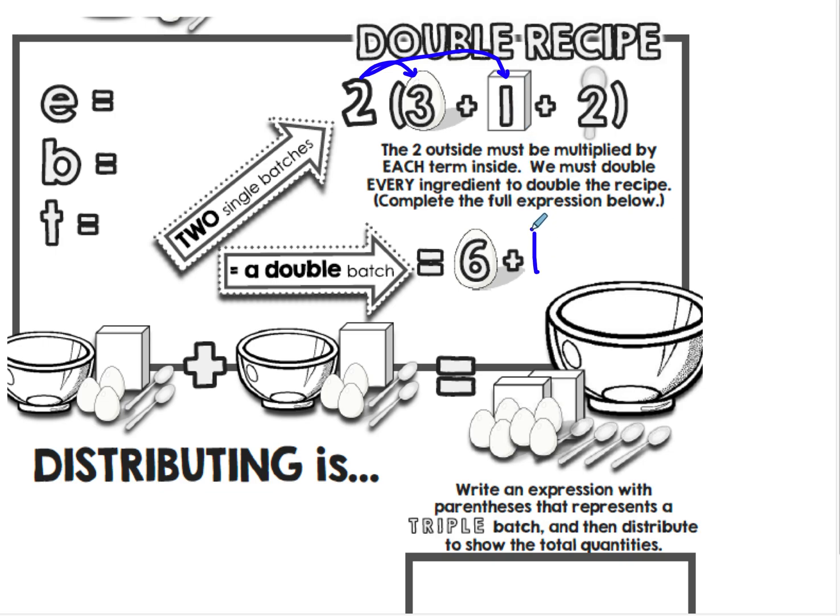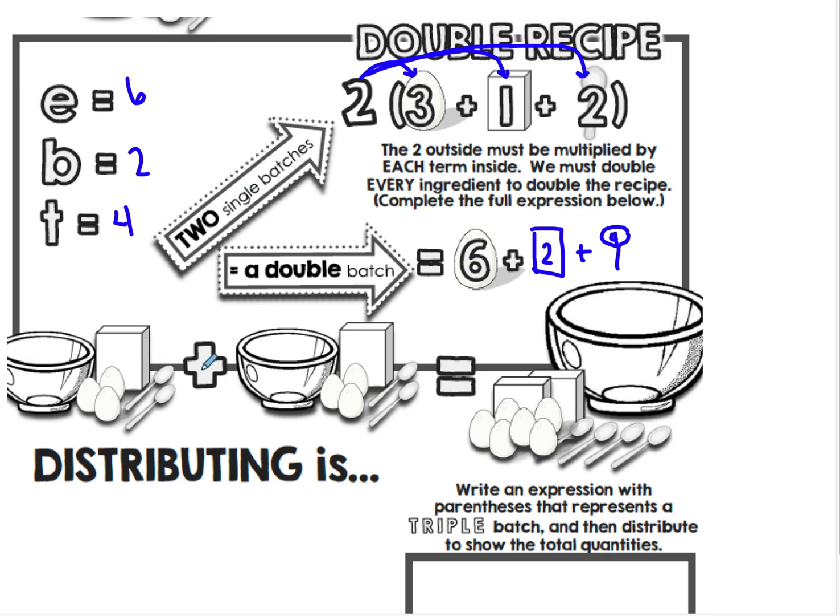So I'm going to have 2 boxes of mix that I need. And then I need to do 2 times my 2 teaspoons of oil. So here's my spoon. That means I'm going to need 4 teaspoons of oil. So my eggs, I'm going to need 6. My boxes I'm going to need are 2. And my teaspoons of oil are going to be 4.